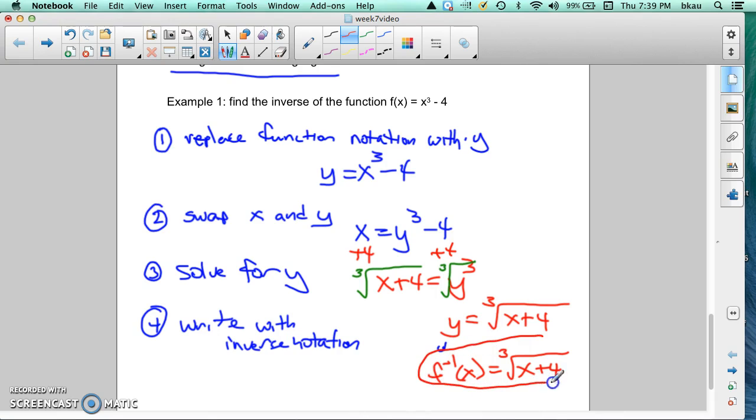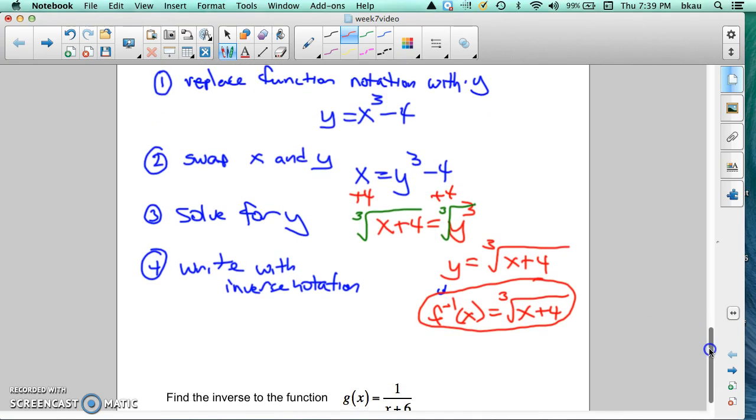If I think about this, what was I doing to the original function? I was cubing it, then subtracting 4. So in this function, I'm doing the opposite. I'm adding 4 and then taking the cube root. So it seems to be the inverse.